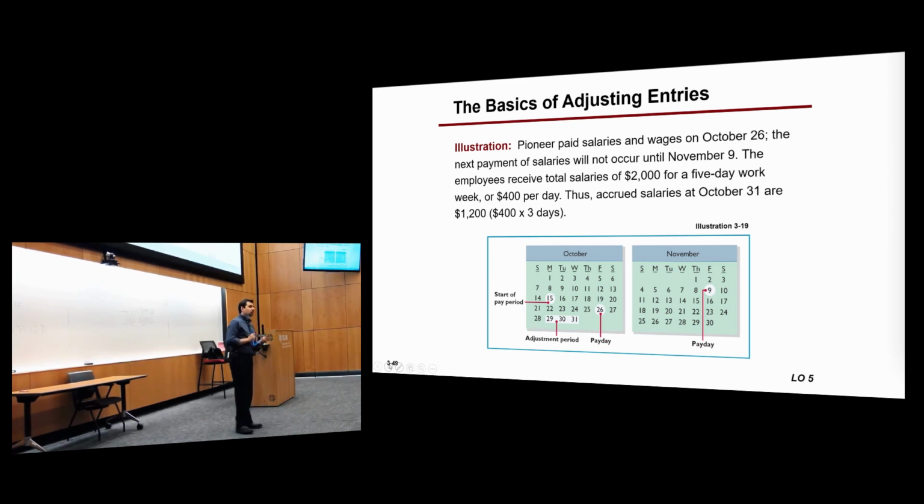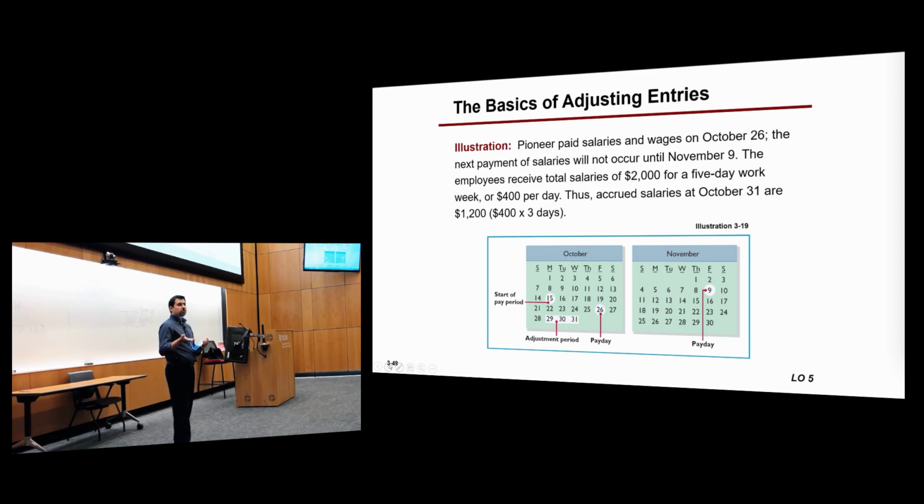What's the adjusting entry that you need to make? The company owes their employees. Yes. Salaries payable and salaries expense. So what's happened? They are recognizing an expense. When you recognize an expense, your expense increases.